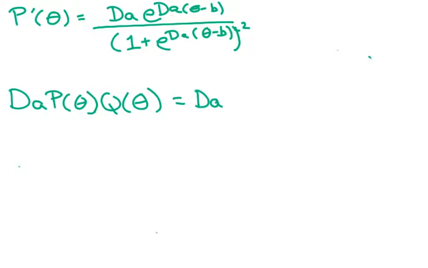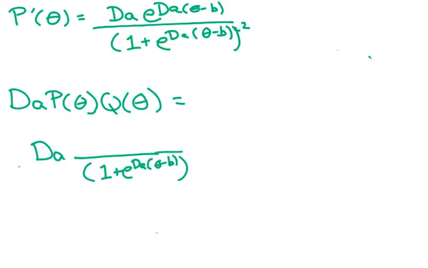This would be dA times, let me go down where I have some more room, I'll write it here, dA times P, which is e to the dA theta minus b over the same denominator, and Q is here.